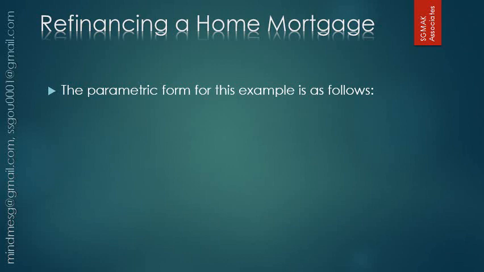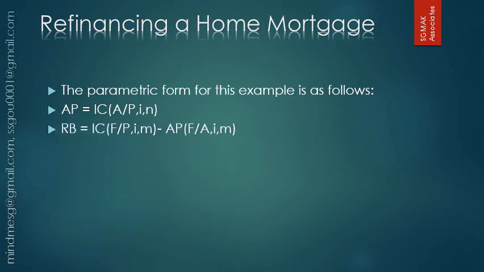The parametric form for this example is as follows. Your original annuity payment is initial cost times the capital recovery factor with the original interest rate and original length of the loan. Remaining balance, we have talked about this expression: IC times F over P, I, comma M, minus AP times F over A, I, comma M. M is the period that you have already paid for. In our example, M was 60 payments that you have already paid for.